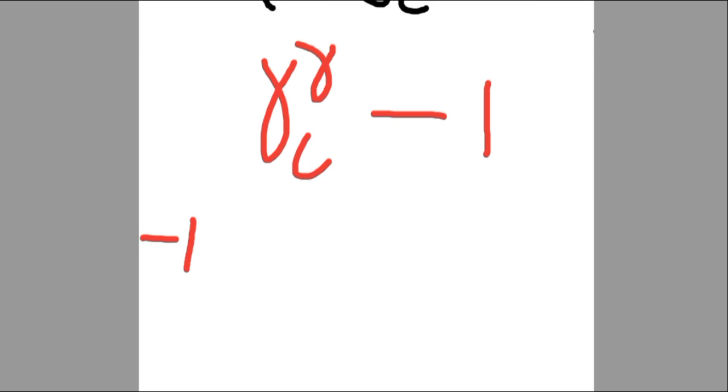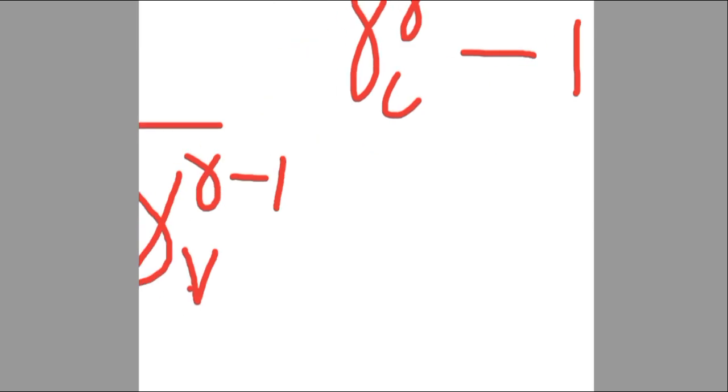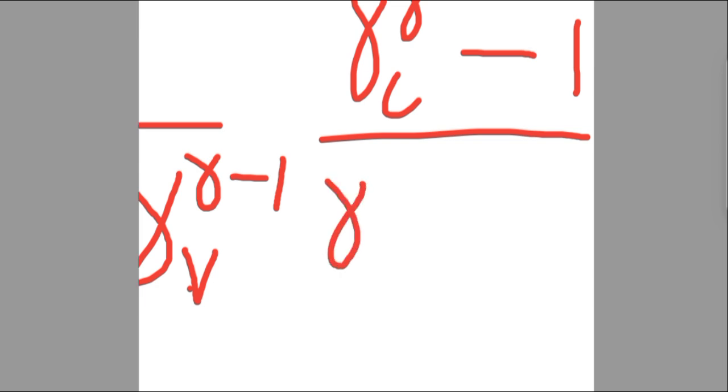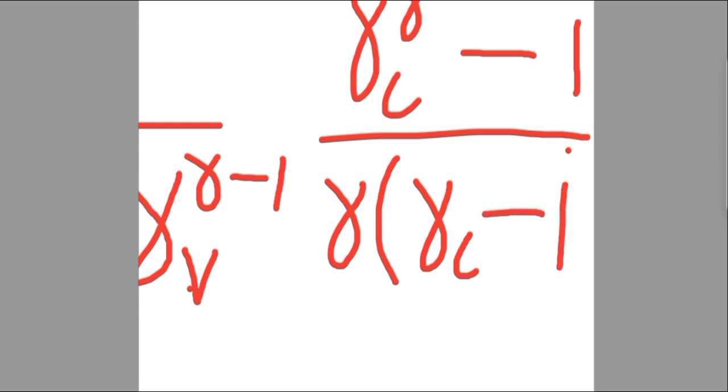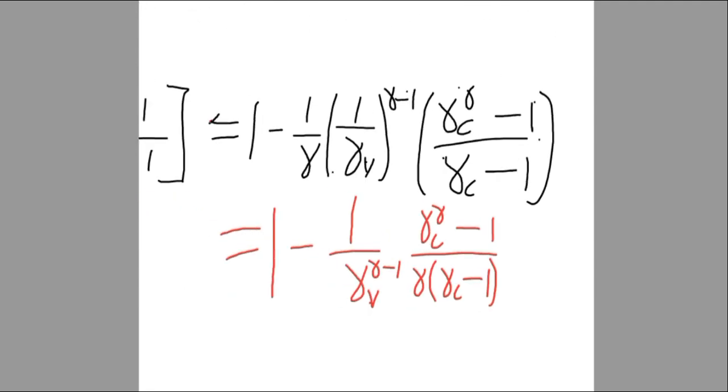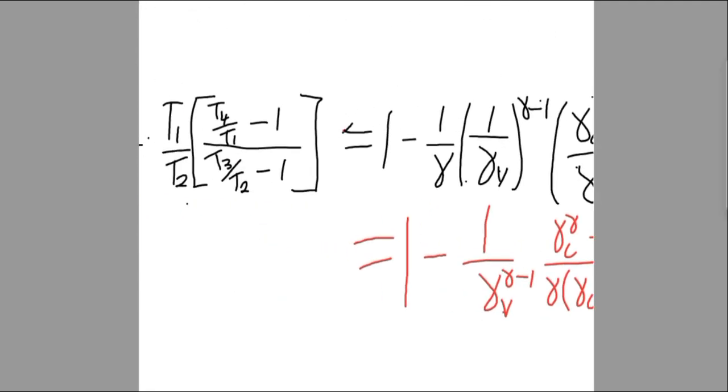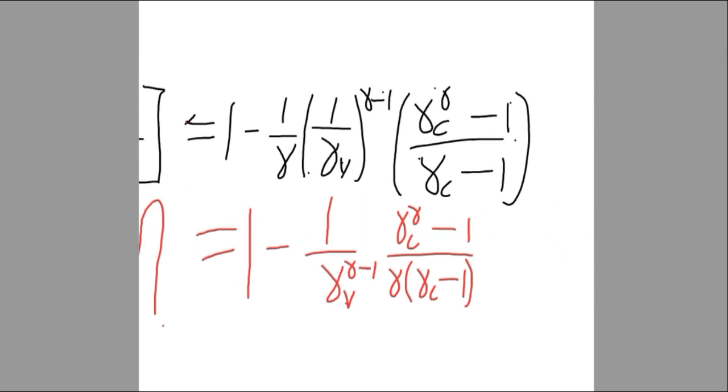Then we have this divided by our normal cutoff ratio here, gamma, in brackets, cutoff ratio minus 1, close the bracket. And so that is how the formula for our efficiency is gotten from scratch.